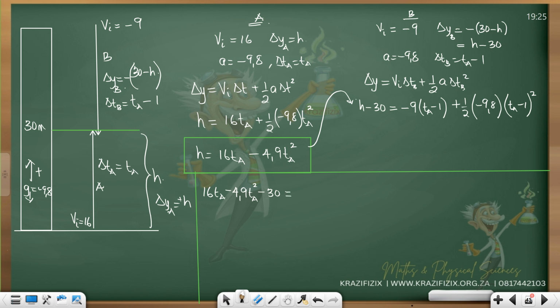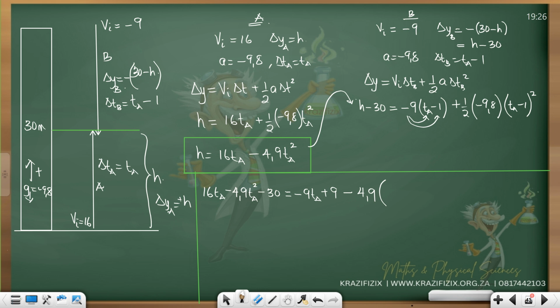Let's expand. What are we doing here? Distributing. What will it be? Negative 9TA plus 9. Half of 9,8 will give me what? 4,9. Minus 4,9. What are we doing there? Foiling.